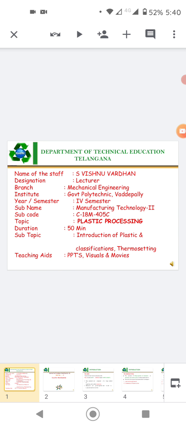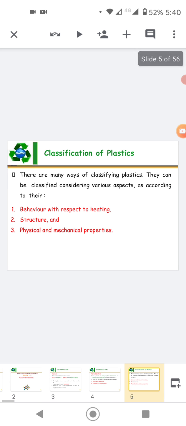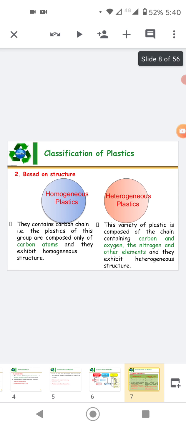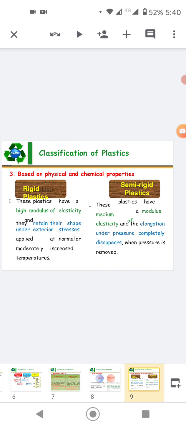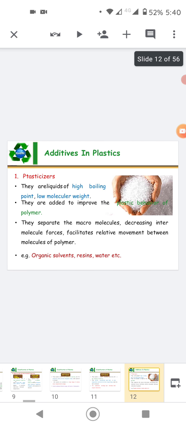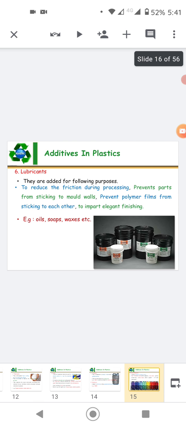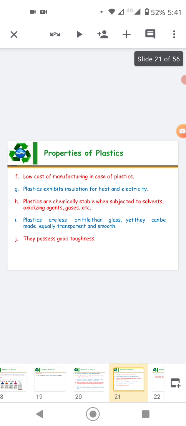This is the recap of plastic processing: polymers, polymerization, classification of plastics, behavior with respect to heating, structure, physical and mechanical properties, thermoplastics and thermosettings based on structures, based on physical and chemical properties, elastomers, plasticizers, fillers, catalysts, dyes and pigments, lubricants.